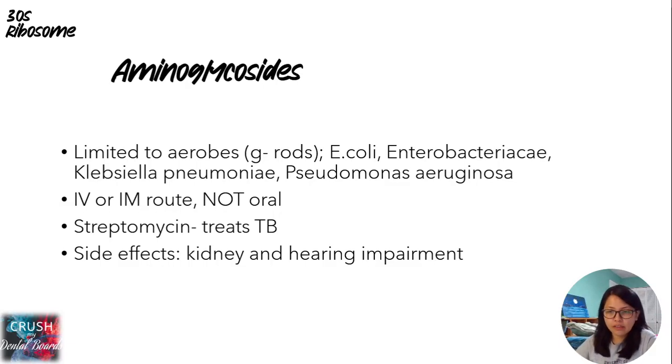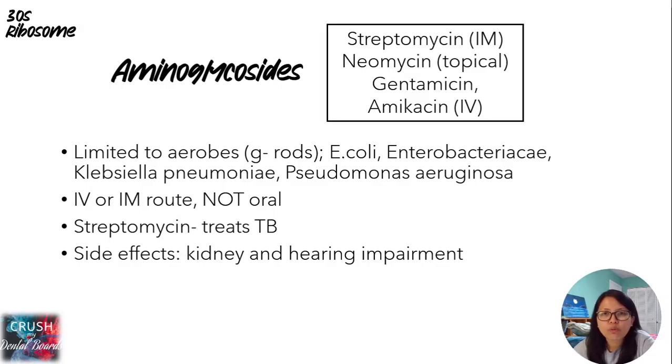Now, another type of antibacterial agent that disrupts the 30S ribosomal unit of your bacteria would be your aminoglycosides. Examples of aminoglycosides would be your streptomycin, your neomycin, your gentamicin, and your amikacin. So route could either be IM, topical, or intravenous.